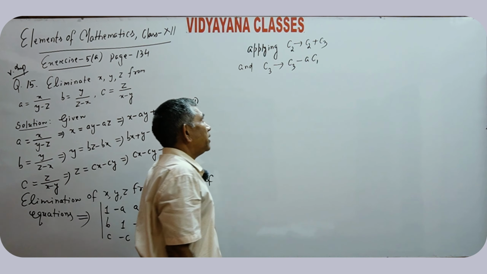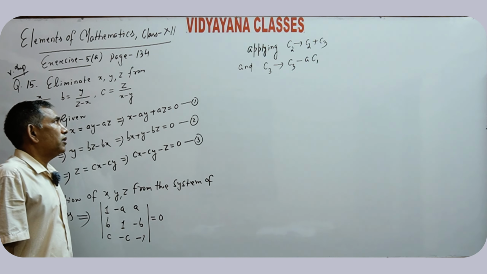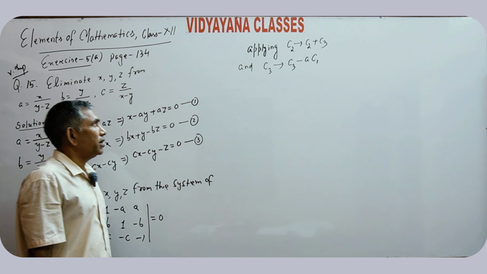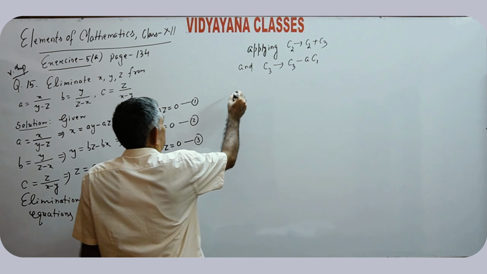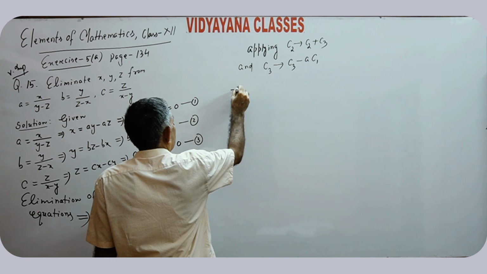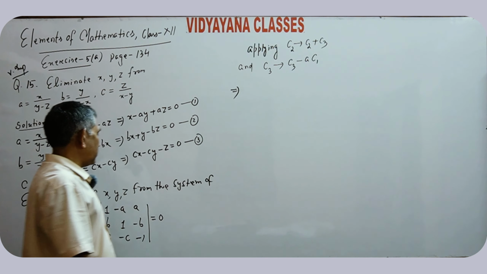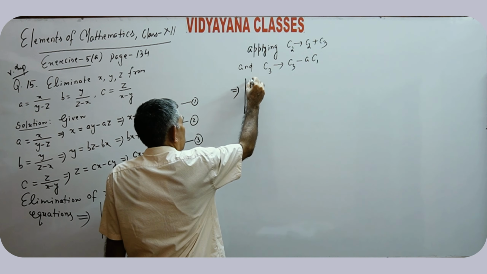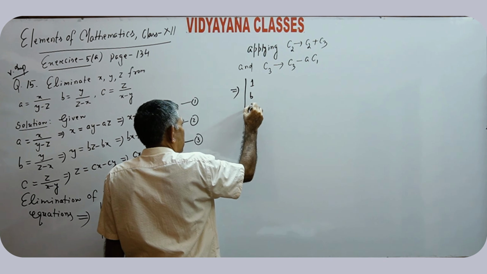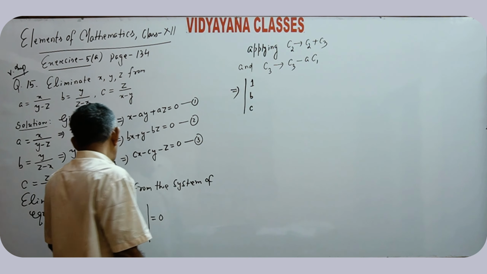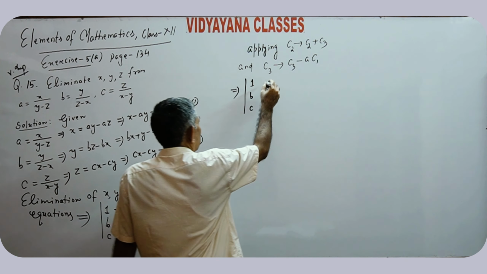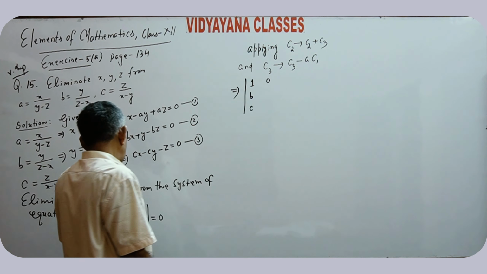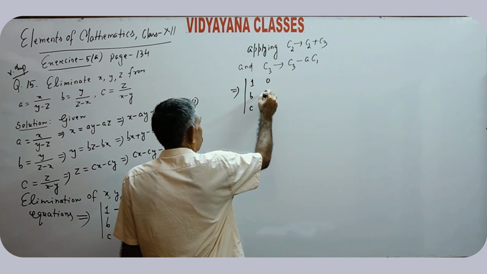Column 2 is replaced by column 2 plus column 3. Column 3 is replaced by column 3 minus A times of column 1. So the given determinant implies 1, B, C. C2 is replaced by C2 plus C3, it is 0. 1 minus B.